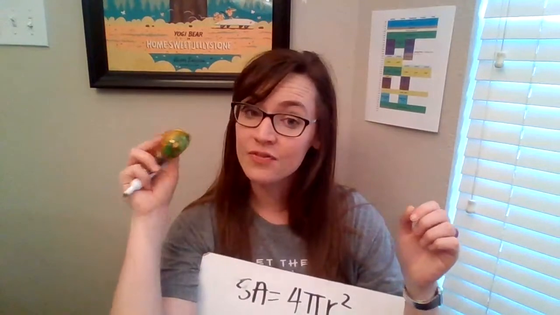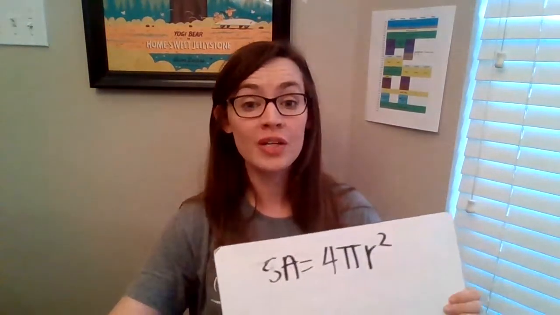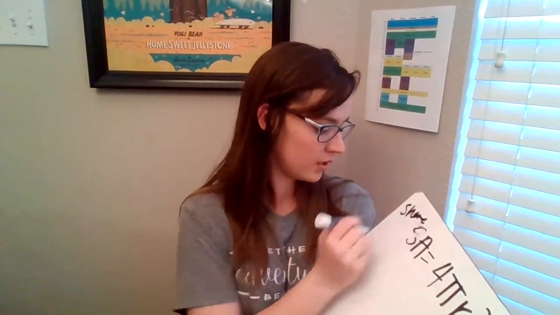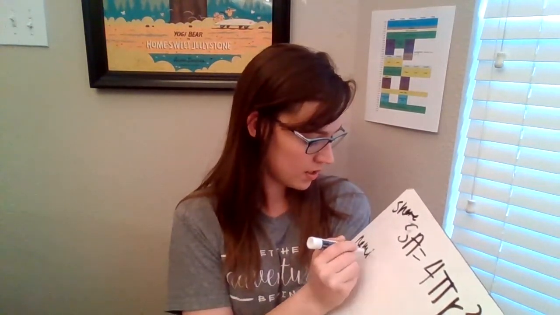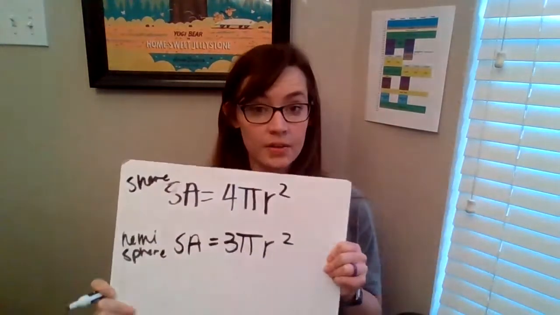So this circle right here is another pi r squared. So the surface area of a hemisphere, rather, is 3 pi r squared. So, sphere, hemisphere, is 3 pi r squared.